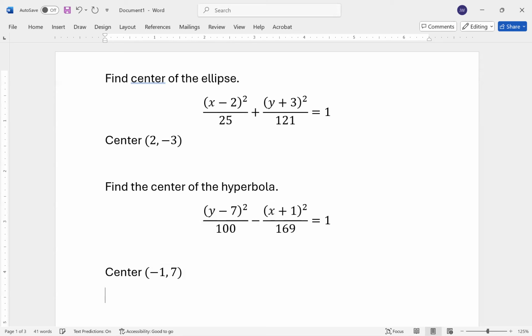You can always ask yourself, what makes the terms equal to 0, and plug in that number. So the center for this ellipse is 2, negative 3. The center for this hyperbola is negative 1, 7.